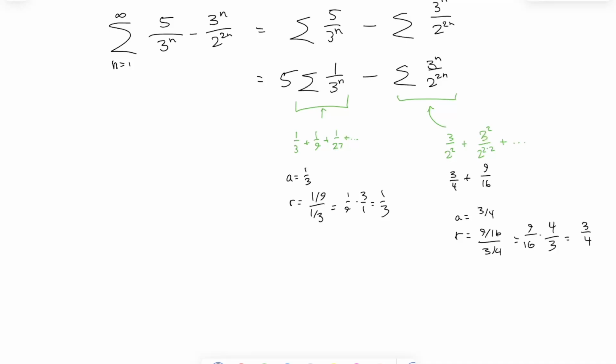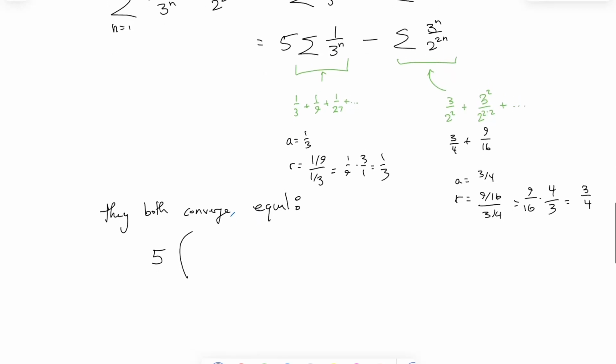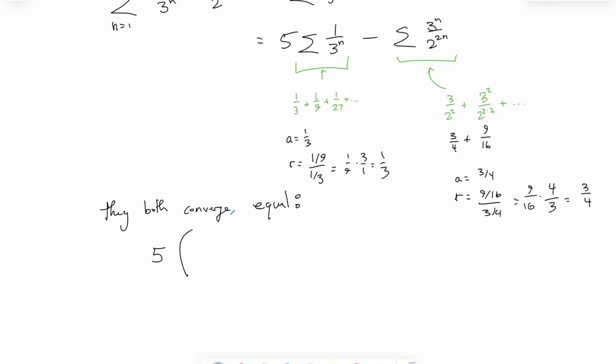So they both converge, and they equal: 5 times, remember the 5 which I factored out, and then I'm going to do a over 1 minus r. That's 1/3 over 1 minus 1/3. Minus, that was the first one, a over 1 minus r.